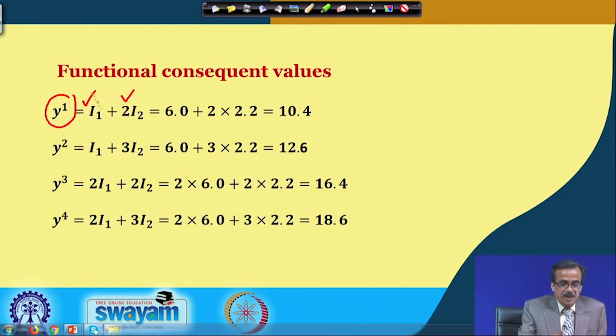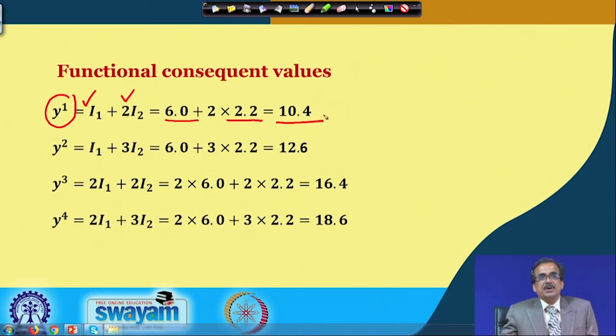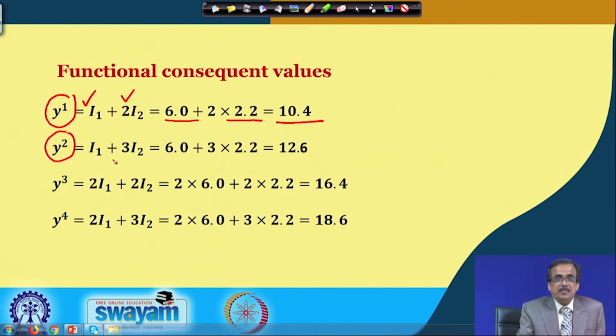So, this y 1 is nothing but I 1 plus 2 I 2, and I 1 is 6.0 and I 2 is 2.2. If I calculate, I will get the output of the first rule as 10.4. Similarly, the output for the second fired rule is I 1 plus 3 I 2, that is 6.0 plus 3 multiplied by 2.2, which is 12.6.